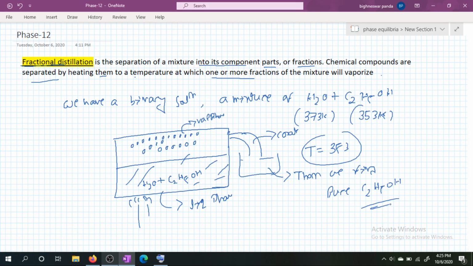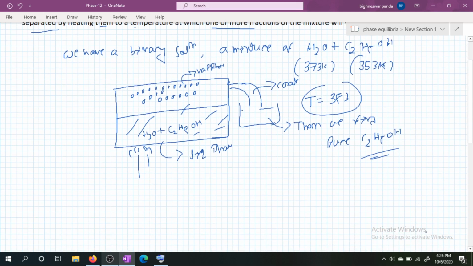Water has 373 K boiling temperature and alcohol has 353 K boiling temperature. So by simply heating the mixture, we find that the alcohol boils first and is converted into vapor. If we collect that vapor and cool it down, then we can find the pure component, alcohol. So we can easily separate alcohol from the water mixture. This is the basis of fractional distillation.